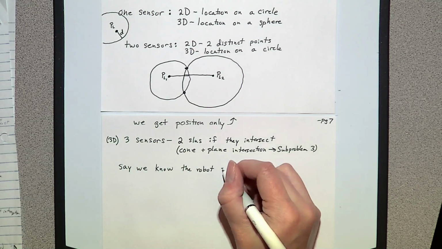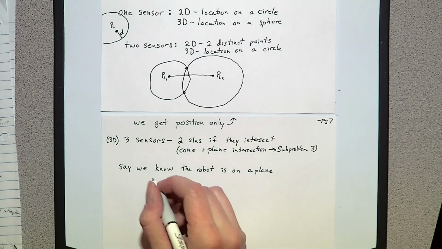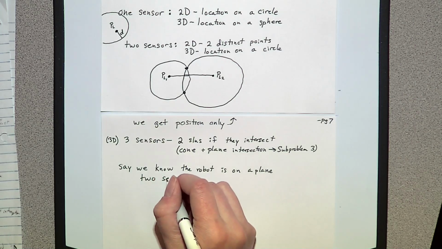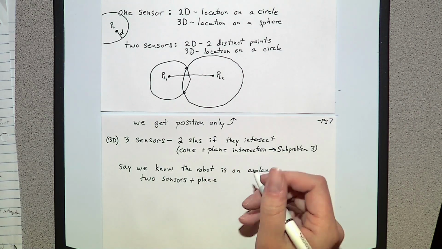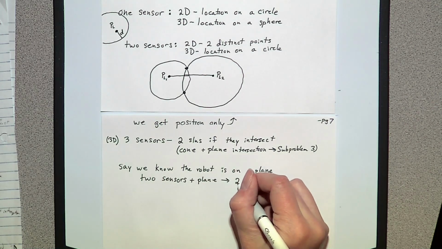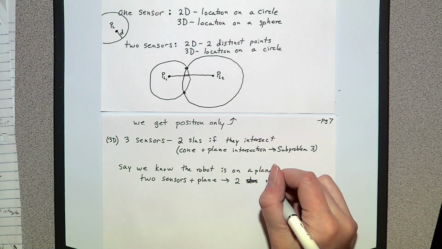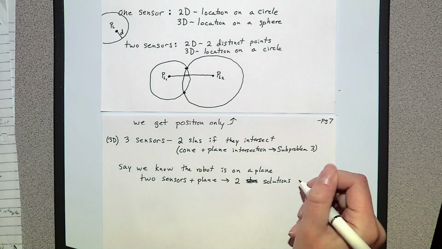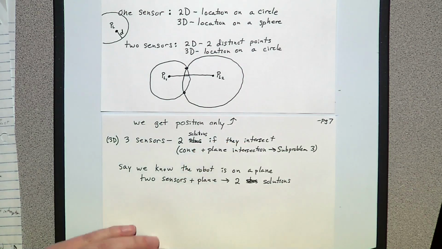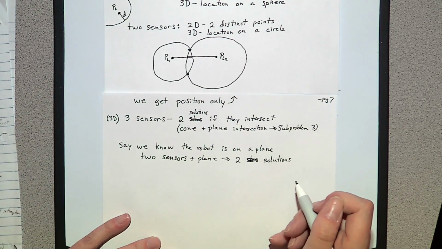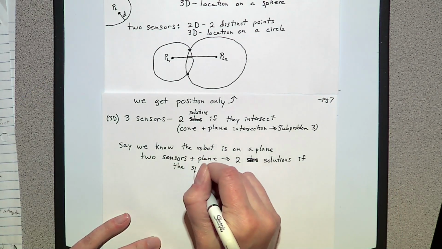Say we know that the robot is on a plane, then we could have 2 sensors, plus the knowledge that we're on a plane, and that can give us 2 solutions, if the spheres intersect.